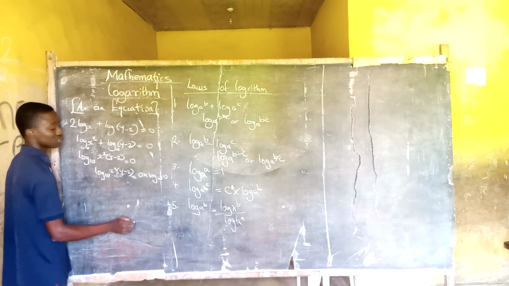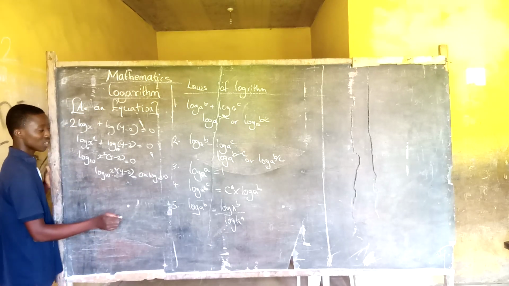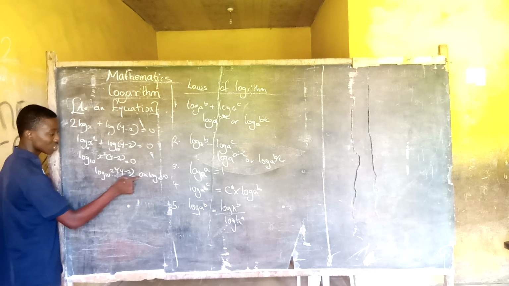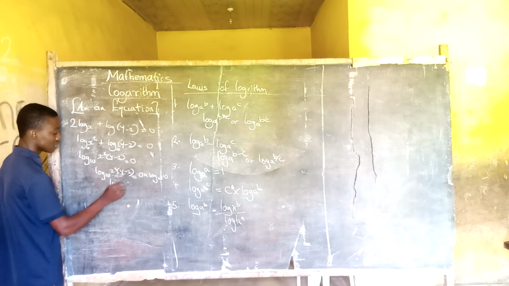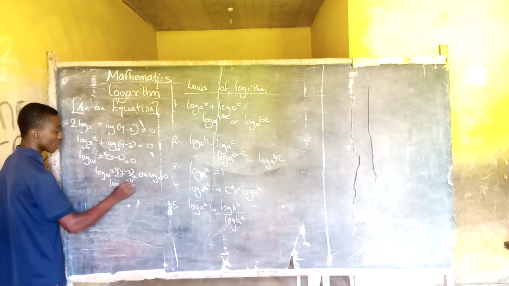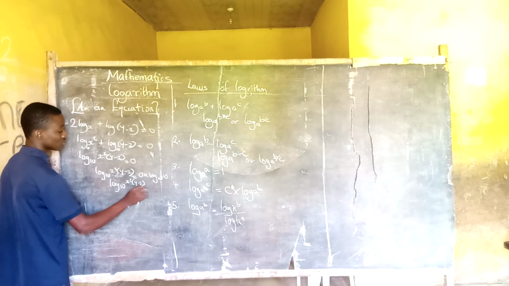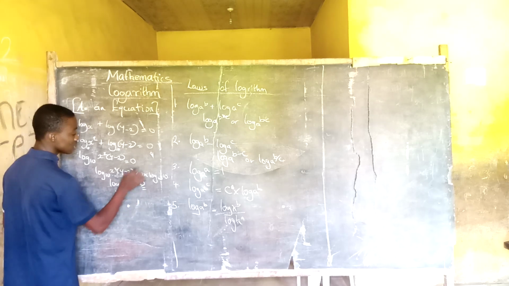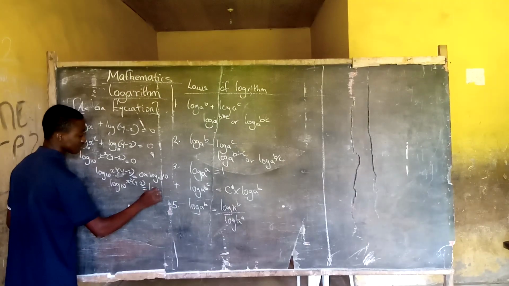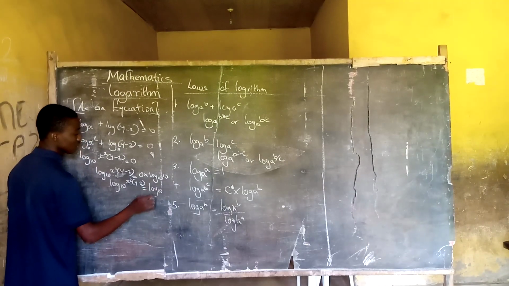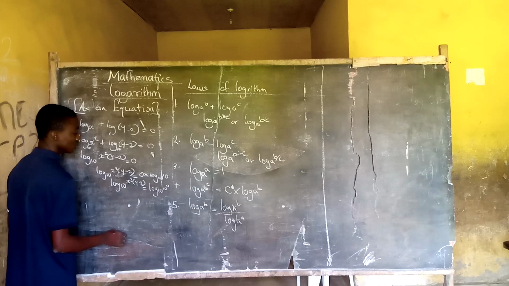Taking the 0 up here, I'm going to add log to base 10 to the power of x squared into y minus 2. So taking the 0 up here, I'm going to add log to the base 10, to base 10, is equal to 0.